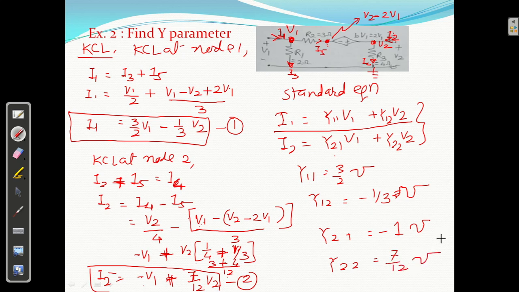So we are getting this answer: 3/2 mho, minus 1/3 mho, minus 1 mho and 7/12 mho.